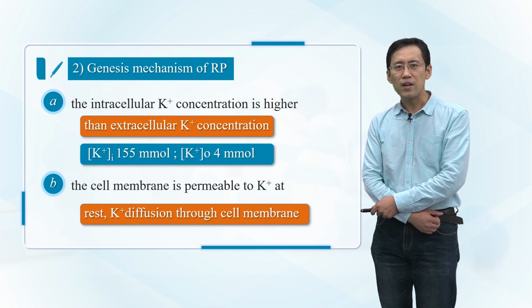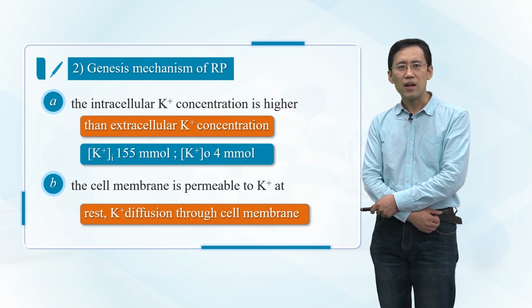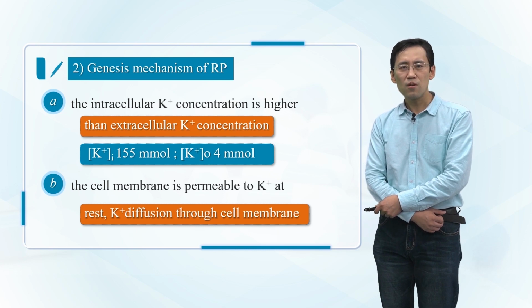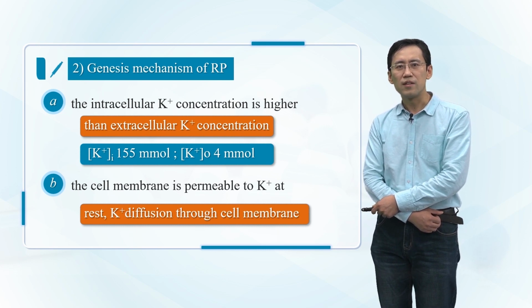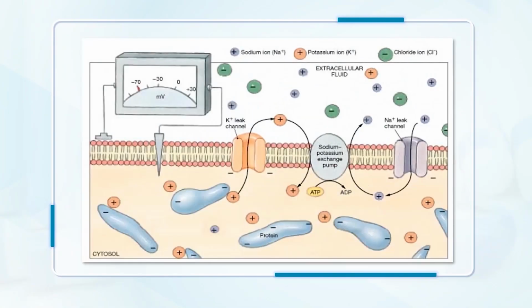The cell membrane is permeable to potassium at the rest stage, so potassium ions diffuse through the cell membrane. Let's see the image. The extracellular side has a lower potassium concentration and the intracellular side has a higher concentration.